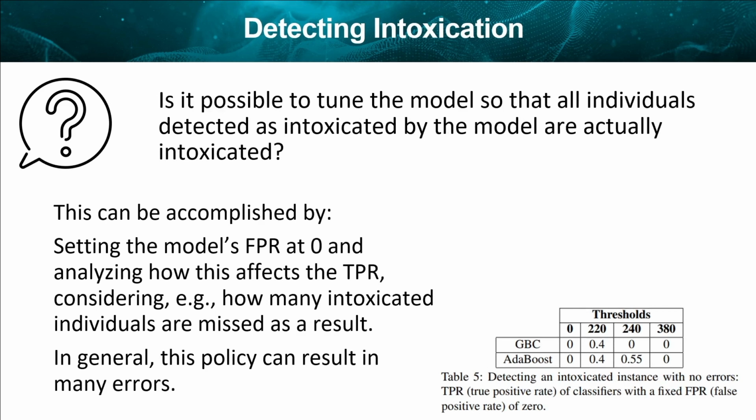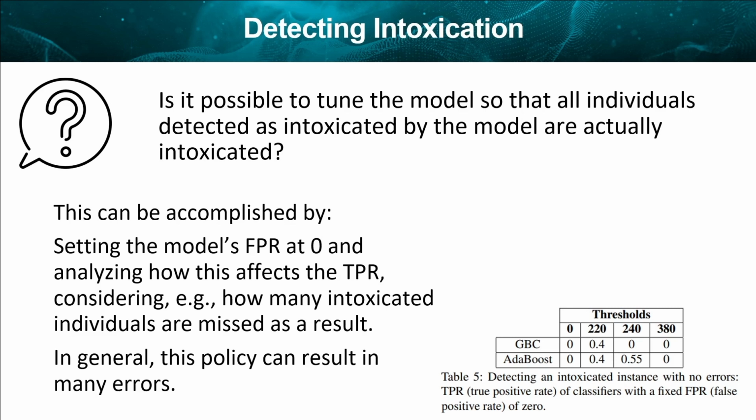Now here's another question. Is it possible to tune the model so all individuals detected as intoxicated by the models are actually intoxicated? Again, the answer is yes, and this can be accomplished by setting the model's false positive rate at 0 and analyzing how this policy affected the true positive rate. Basically, how many intoxicated individuals are missed as a result of deploying this policy.